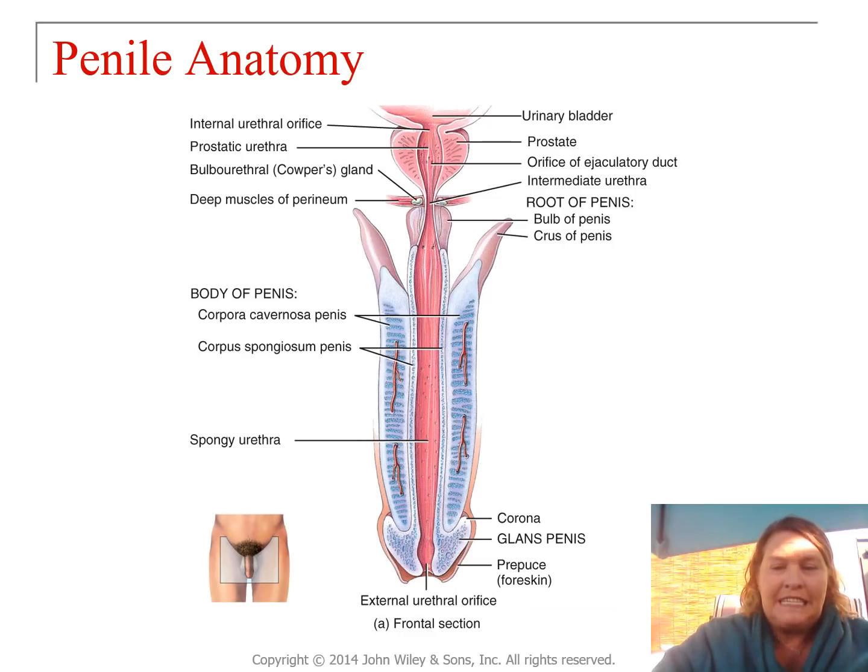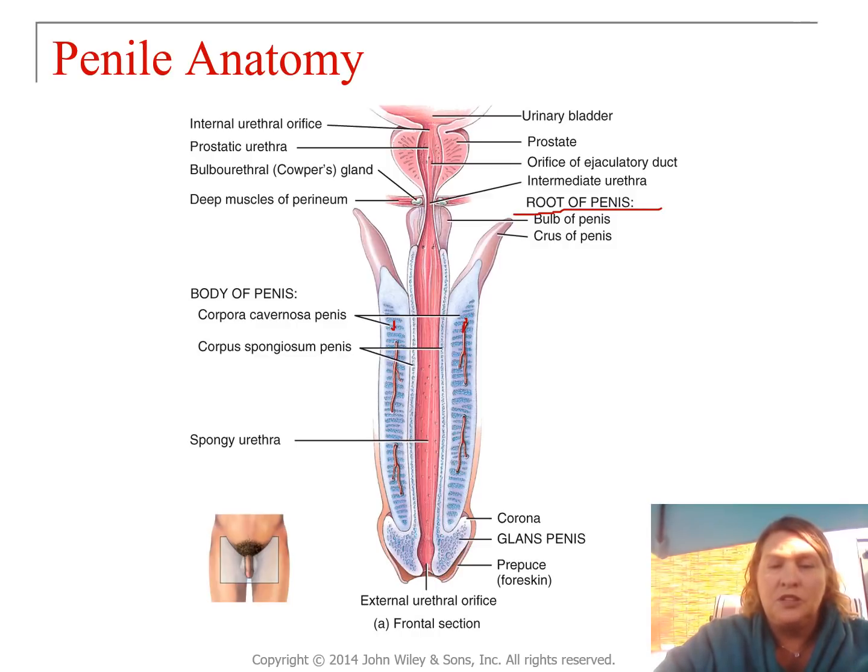Okay, so here's a picture of the anatomy of the penis. So we've talked about a lot of it. Note, here's the root of the penis, which contains the bulb and the crus of the penis. This is showing you the body. There's the corpus cavernosa here and here.